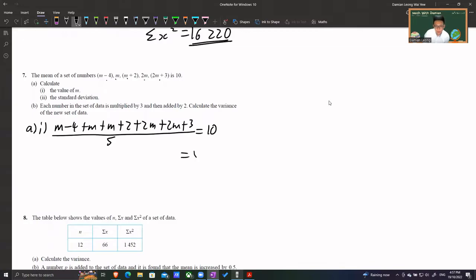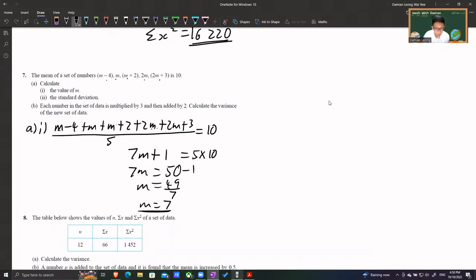Bring over the 5 times 10. Simplify this, m plus m plus m plus 2m plus 2m, 1, 2, 3, 4, 5, 6, 7, 7m. Then minus 4 plus 2 plus 3 means plus 1. 7m is 50 plus 1, opposite minus 1, 49, times 7, opposite divide 7, m is 7.